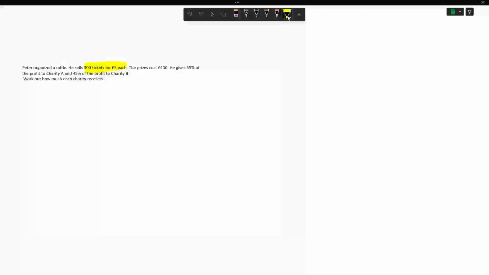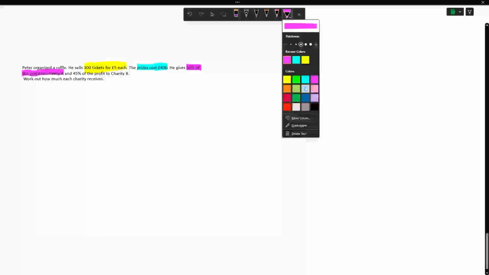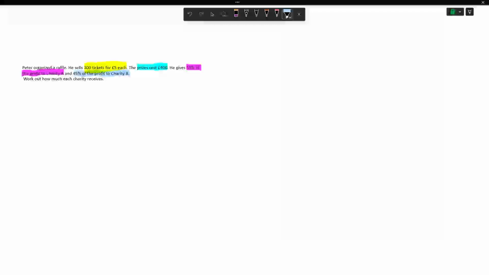He gives 55% of his profit to charity A, and then he gives 45% of his profit to charity B. So we have 5 major things mentioned in our question. And what they want from us is to work out how much each charity receives. So we need to find out how much charity A and charity B receive.